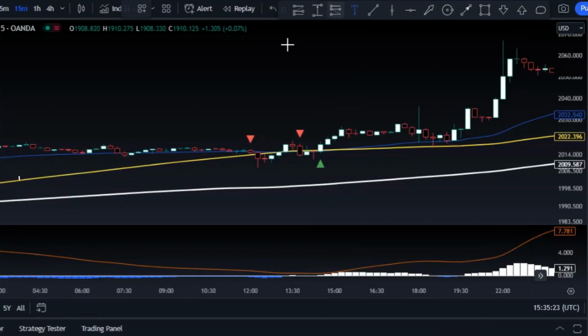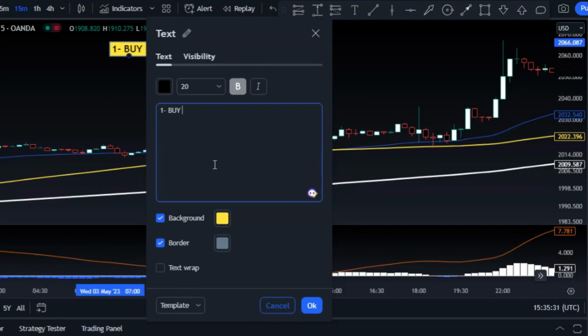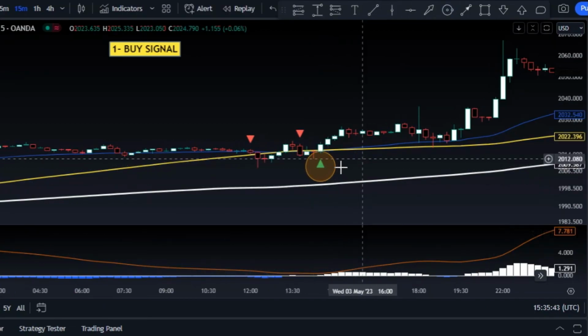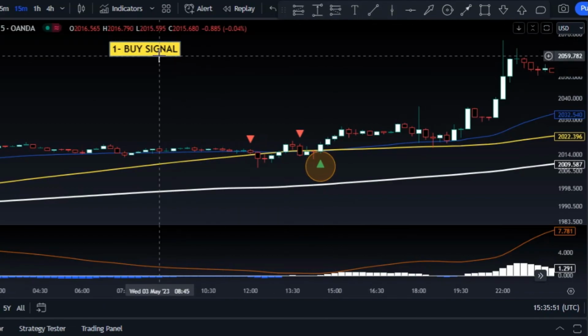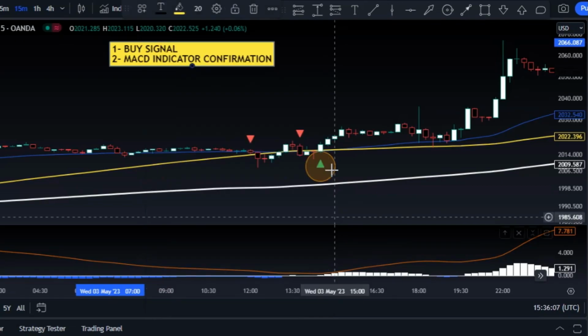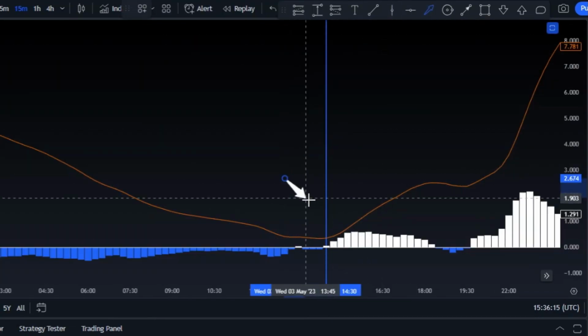Therefore, to enter a buy trade, a buy signal must first be generated by the Ichimoku All Signals indicator. After that, the signal must be confirmed in two stages before we can open a buy trade. So after issuing a buy signal, the MACD indicator must confirm the signal.